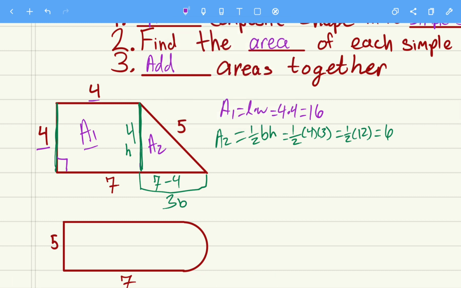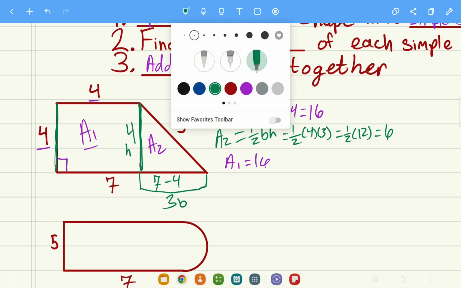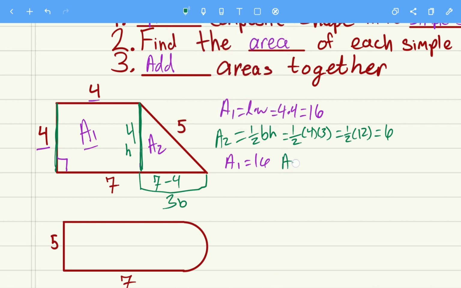So now we have area 1 is 16 and area 2 is 6. We can add those together, which gives us 16 plus 6, which is 22. So now our full area is 22 units squared.